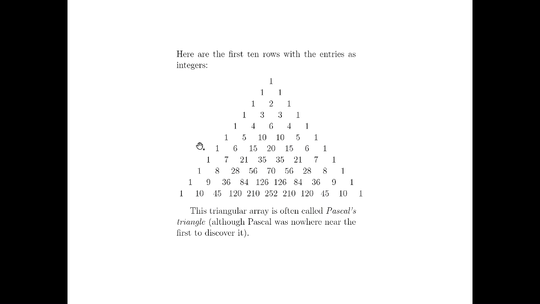Yes, okay, I totally agree. So if you take any row and you reflect it left to right, you get the same thing, right? The rows go up and then down again. 1, 6, 15, 20, 15, 6, 1. 1, 3, 3, 1. Yep, so that's one of the patterns we're going to look at, in fact.